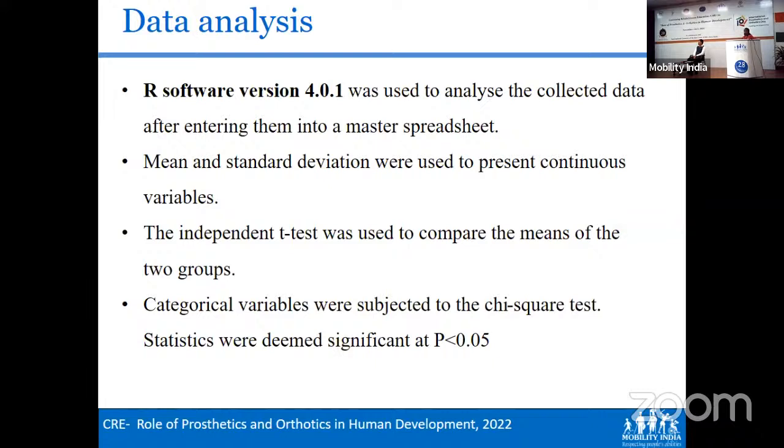Data analysis was done with R software version 4.0.1 after entering the data into a master spreadsheet. I calculated the mean and standard deviation. The independent t-test was performed for the demographic data and chi-square for my categorical variables.